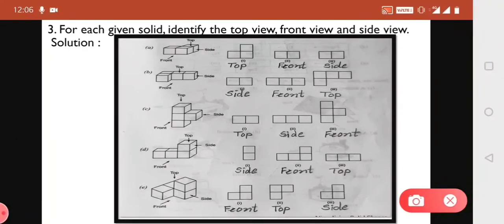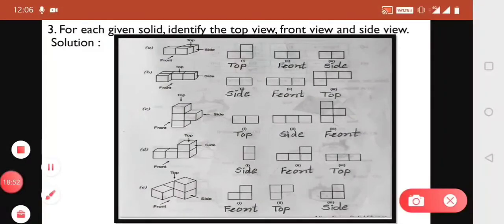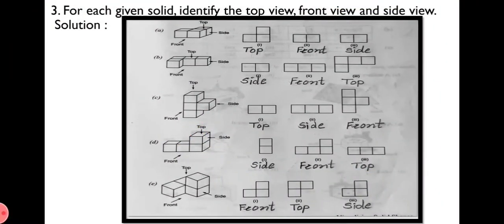From the front we can see 1, 2, 3 and 4, so that is the front view. And then next you can see 3 square faces that we can view from the top: 1 face, 2 face and this is the third face. So this is the top view. Yes. Next, again 4 cubes are used.